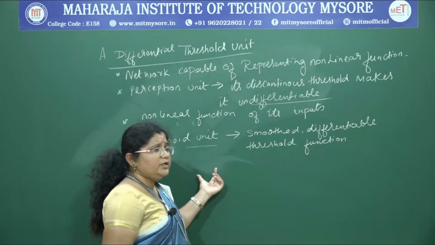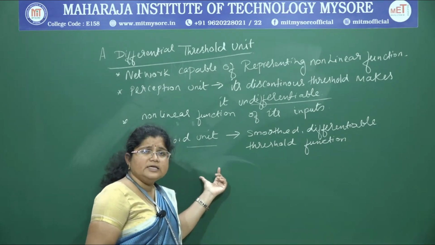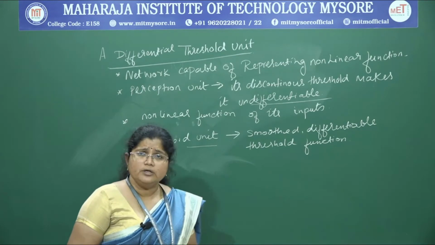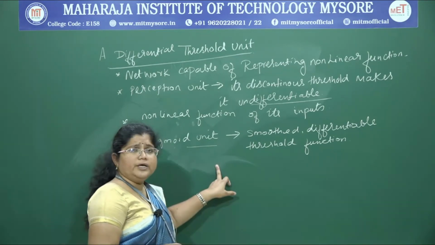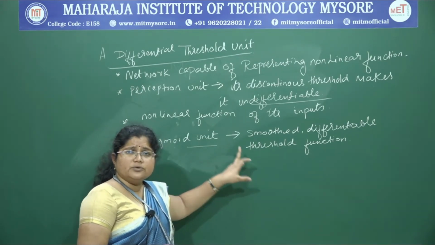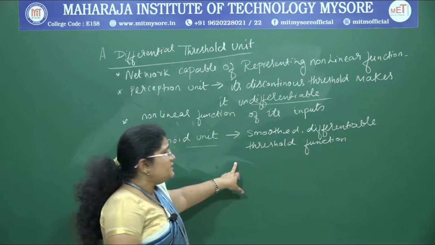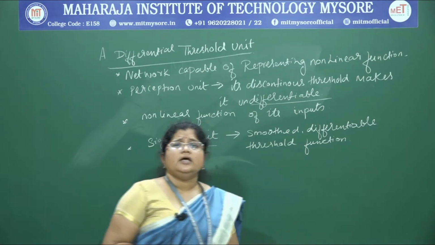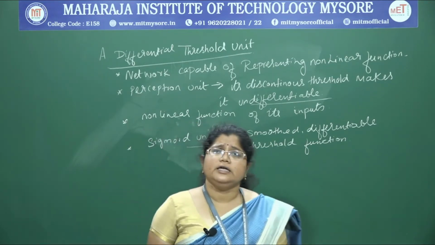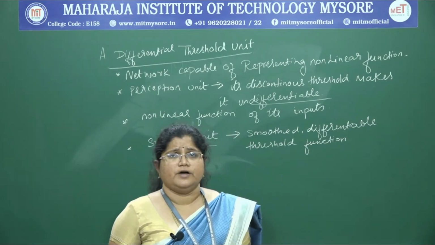The sigmoid unit is utilized along with the perceptron unit. It provides a smoothened, differentiable threshold function, that is, a non-linear threshold function.